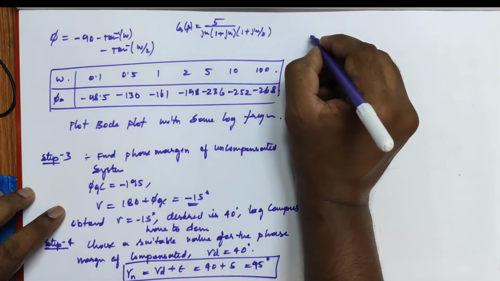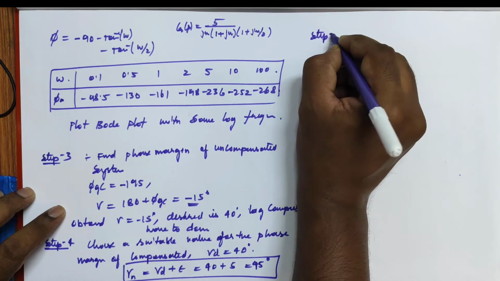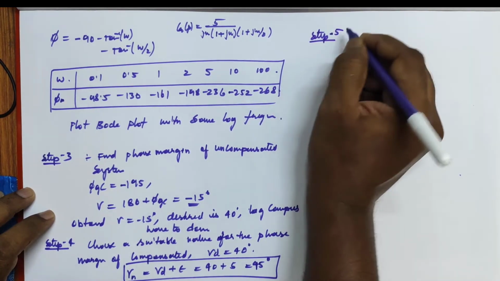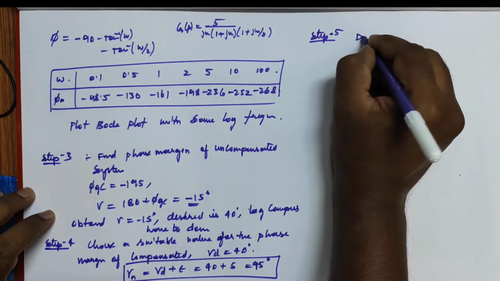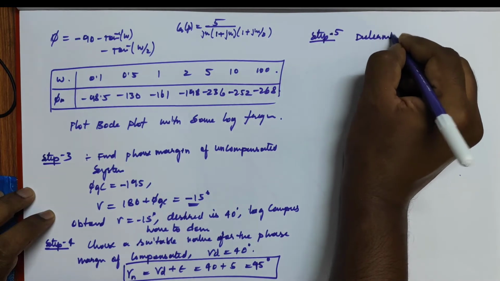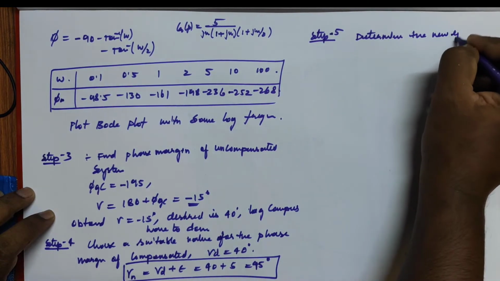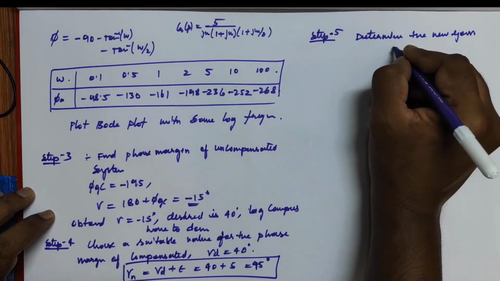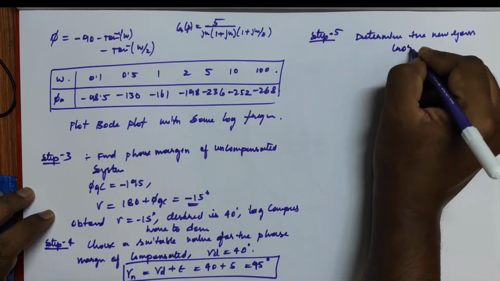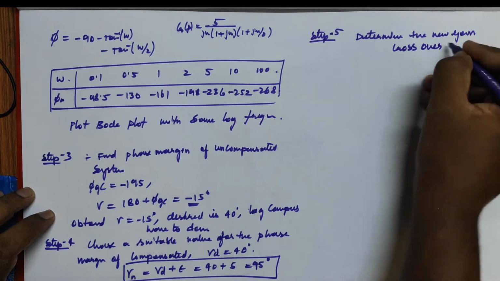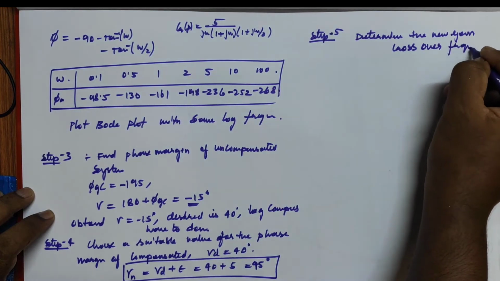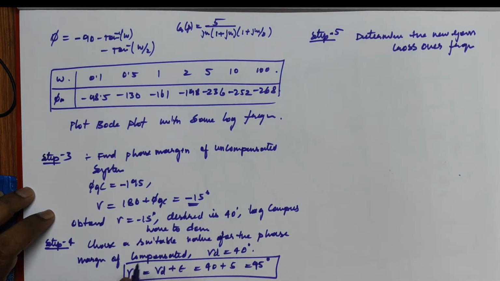So step 5 is determining the new gain crossover frequency for this phase margin.